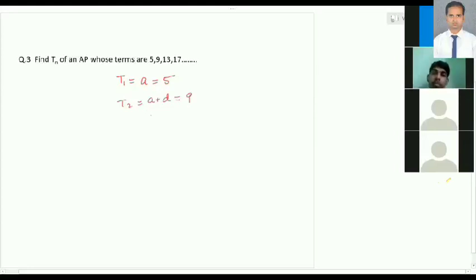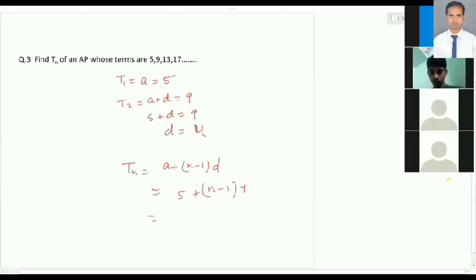Substitute here A value 5. Then you will get 5 plus D equal to 9. Then what will be D value? 9 minus 5 will be 4. D value we are getting 4. Then we can find Tn. What will be Tn? A plus n minus 1 into D. Then A value is 5 plus n minus 1 into 4.